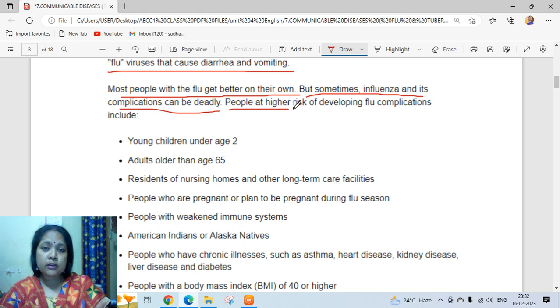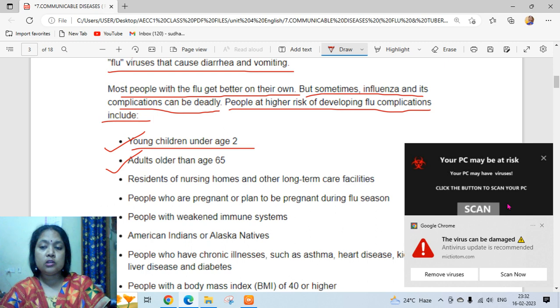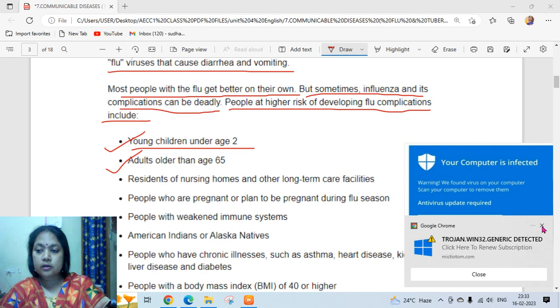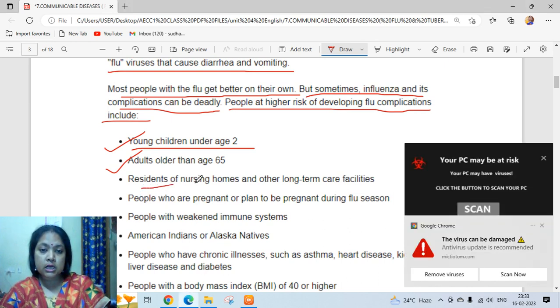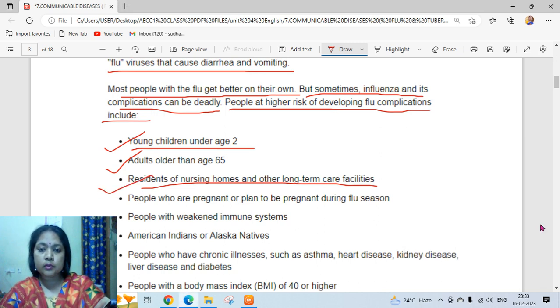People at a higher risk of developing flu complications include young children under age 2. They are more vulnerable, and when they are affected by flu, it creates complications. Then adults older than 65 years, residents of nursing homes and other long-term care facilities, people who are pregnant or plan to be pregnant during flu season, and people with a weakened immune system.